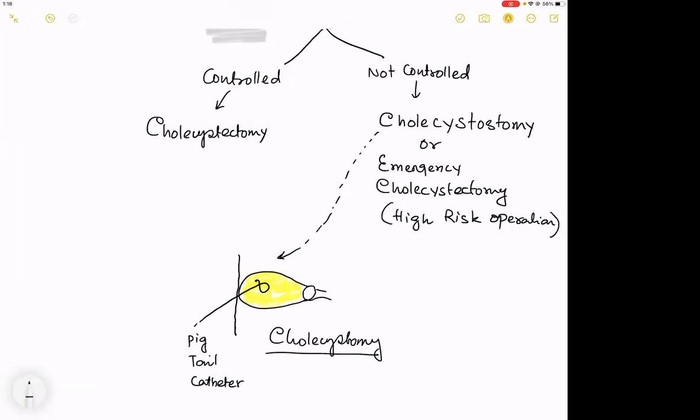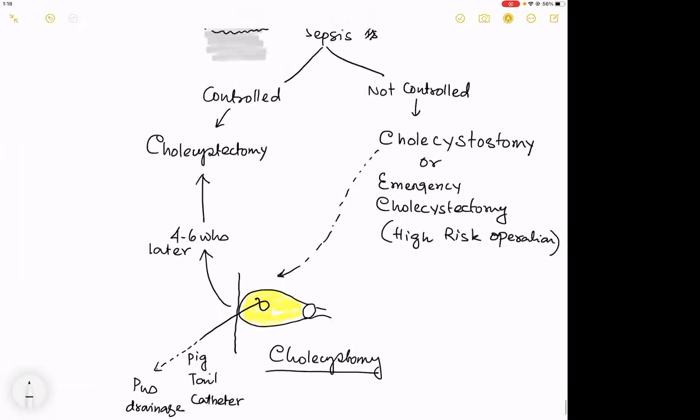Why a pigtail catheter? Pus is drained. Later followed 4 to 6 weeks later by a cholecystectomy.